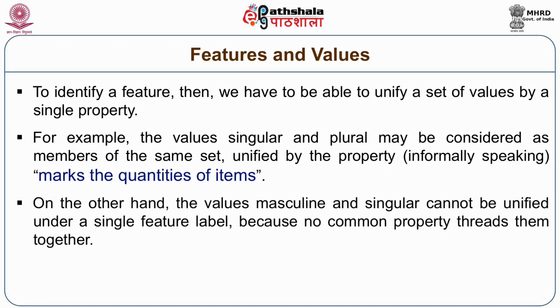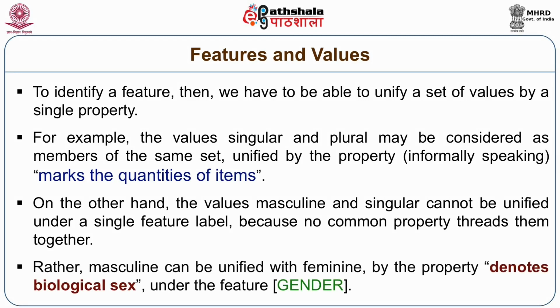However, the feature values masculine and singular cannot be unified under a single feature label because there is no common property that threads them together. Rather, masculine can be unified with feminine by the property denotes biological sex, under the feature gender.